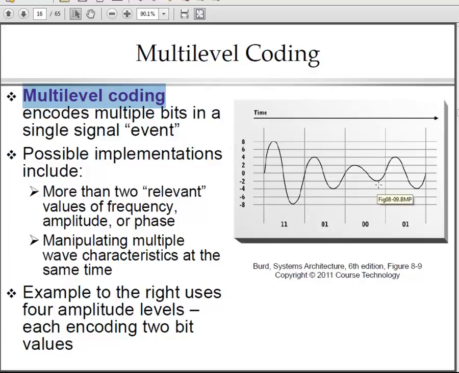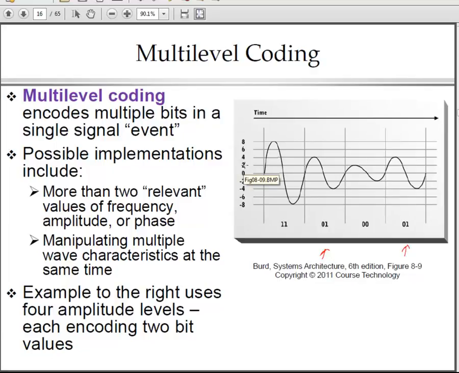I'm going to use 8, 6, 4, and 2. 8 volts is going to represent 2 1 bits. 6 volts is going to represent a 1 bit followed by a 0 bit. 4 volts is going to represent a 0 bit followed by a 1 bit. We've got 2 examples of that here, this one and this one.